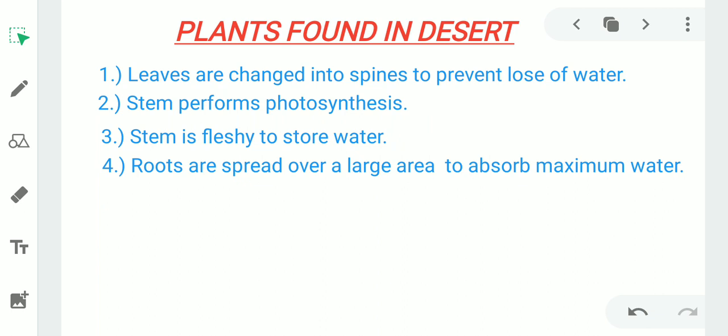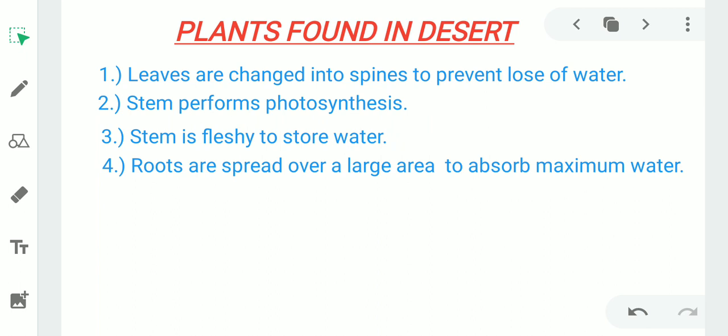Second point, stem performs photosynthesis. When leaves are changed to spines, there are no leaves or there are less leaves. Then which plant part will do photosynthesis? So it is the stem that performs photosynthesis. Third point, stem is fleshy to store water.